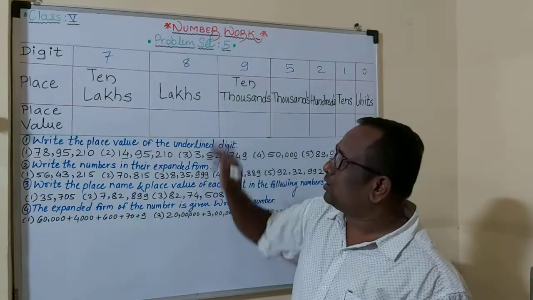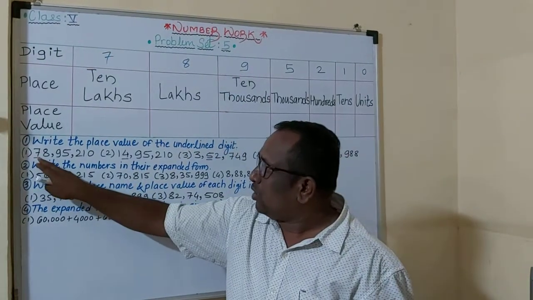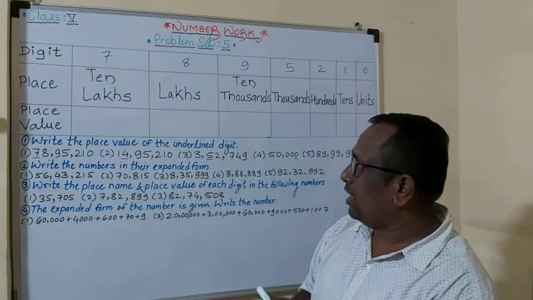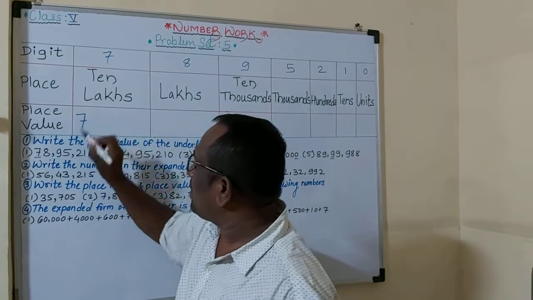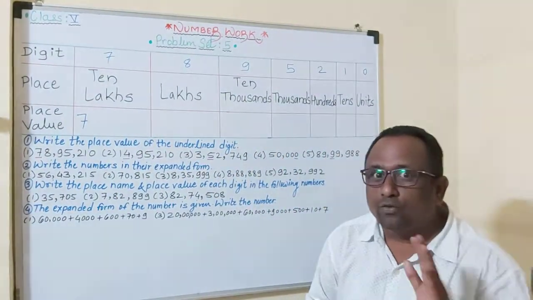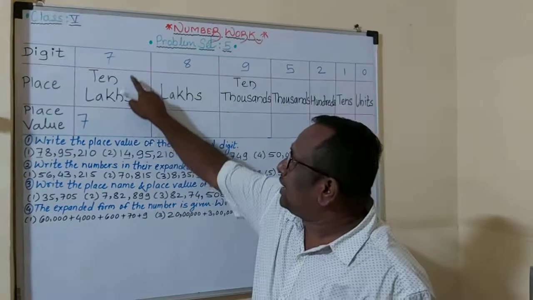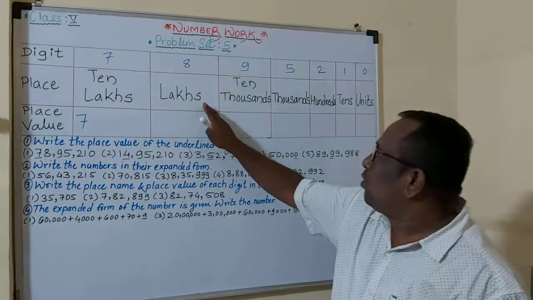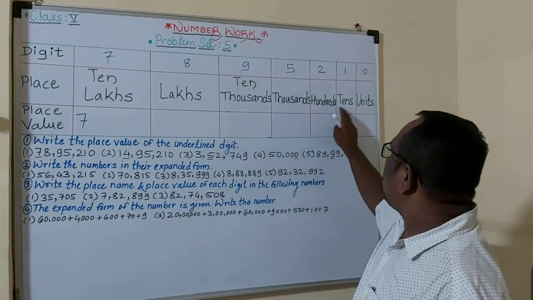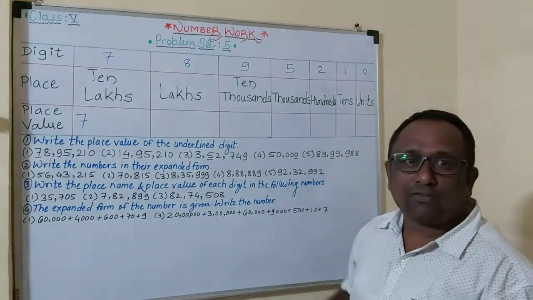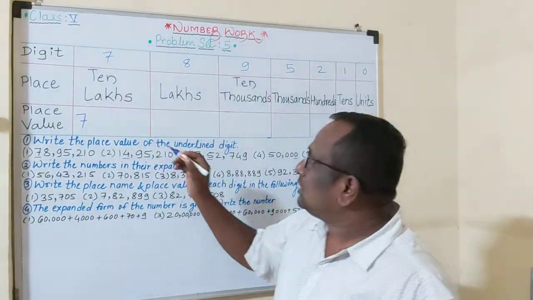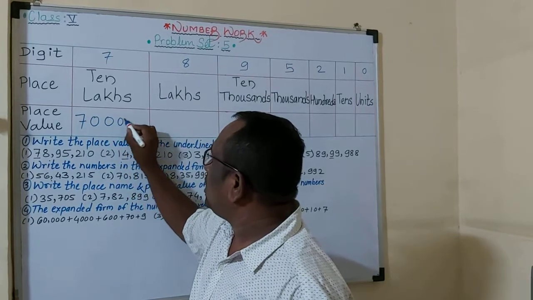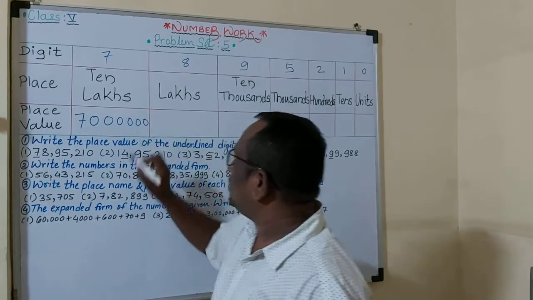Now we have to write the place value. Here we only have to deal with this 7 because that is underlined. Where is the 7? In the 10 lakh place. Okay, I'll write the 7 here. Now listen carefully. 7 is at the 10 lakh place. Now after 7, just count the digits: 1, 2, 3, 4, 5, 6. So there are 6 digits after 7, so give 6 zeros here: 1, 2, 3, 4, 5, 6.